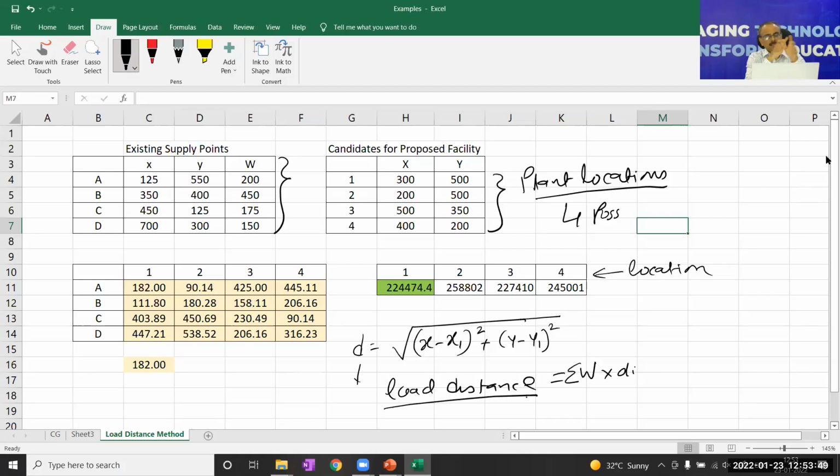This approach is based on when you have few options, and out of those you have to select one. Okay, sir. So these were some of the techniques we can utilize based on the location decision.